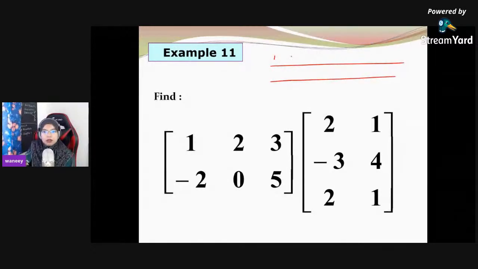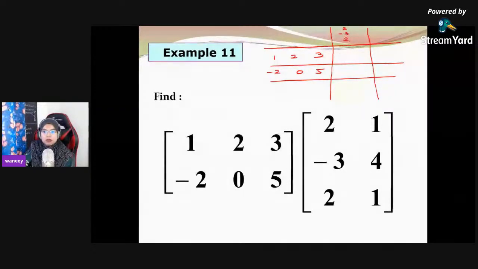So 1, 2, 3, negative 2, 0, 5. Those are the rows. The columns are 2, -3, 2, 1, 4, 1. So you times them and then add everything together. So times and then add.